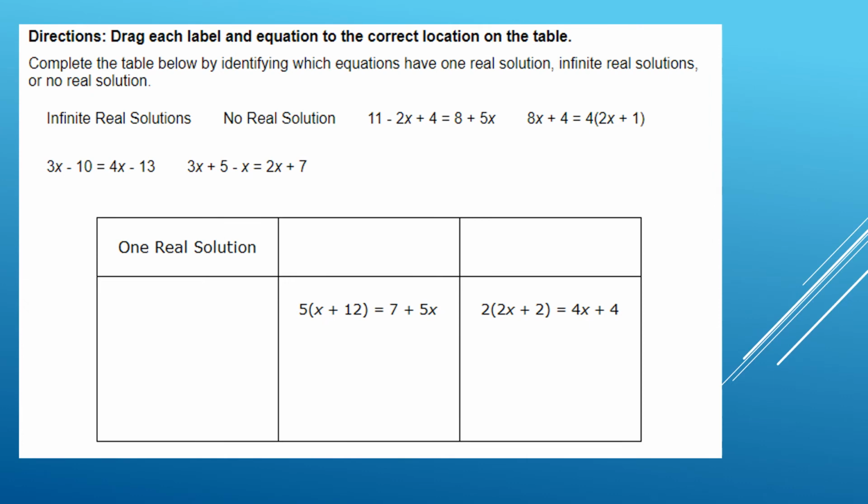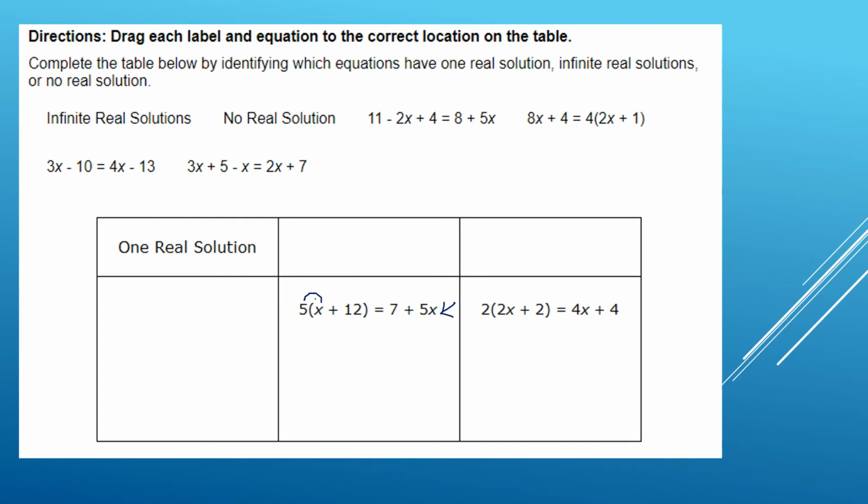Okay, now we're going to sort these by infinitely many, no real solution, or one real solution. So we're going to have to solve all of these different problems. So let's look at this one first.